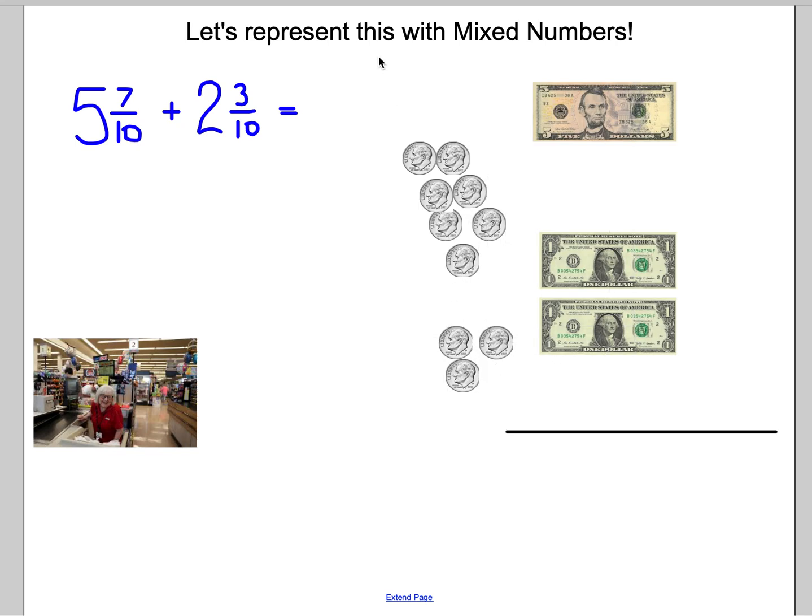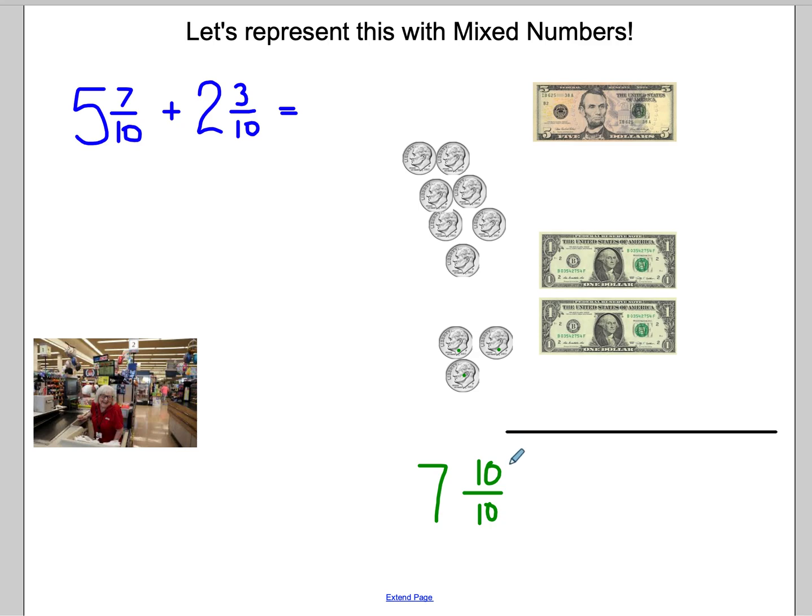If we add those together, we actually get 10/10. 10 of the 1/10 value. And then we have to add our whole numbers or our dollars. And $5 plus 2 more is $7. So we have $7 and 10/10.